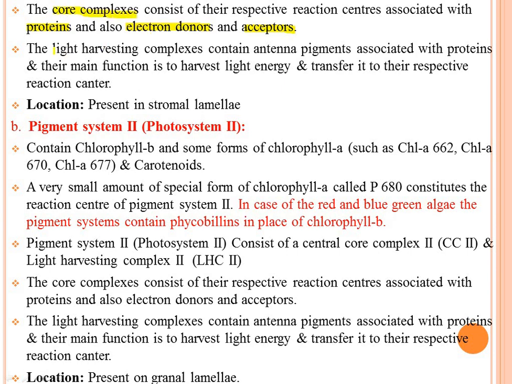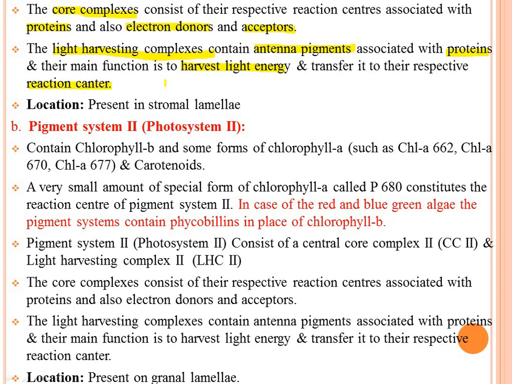Then the second one is the light harvesting complexes. They contain antenna pigments. Antenna pigments means accessory pigments like carotenoids, xanthophylls, zeaxanthin, anthraxanthin, violaxanthin. Then chlorophyll B, all these are known as antenna pigments, and are also associated with proteins, and their main function is to harvest light energy and transfer it to the respective reaction center.